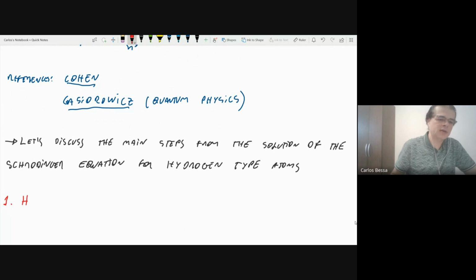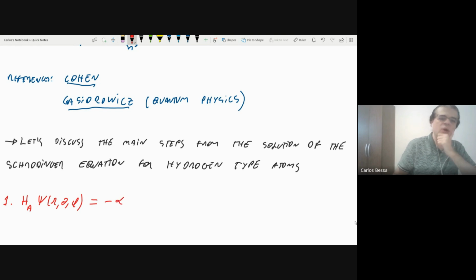So if I have the Hamiltonian for the atom applied to psi, the best way to get the solution is to consider spherical coordinates, so r, theta, phi. So this would give us a more complete relation.